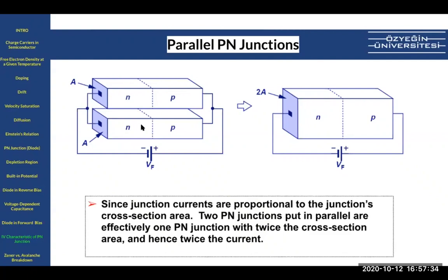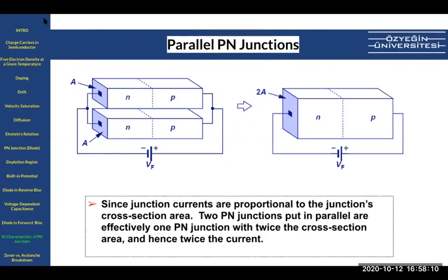Let's say there are 2 parallel PN junctions. That's equivalent to a single PN junction with the same structure, same semiconductor, but 2 times the area. You can prove this: if you look at the saturation current and the diode equations, you'll realize why this is the case.